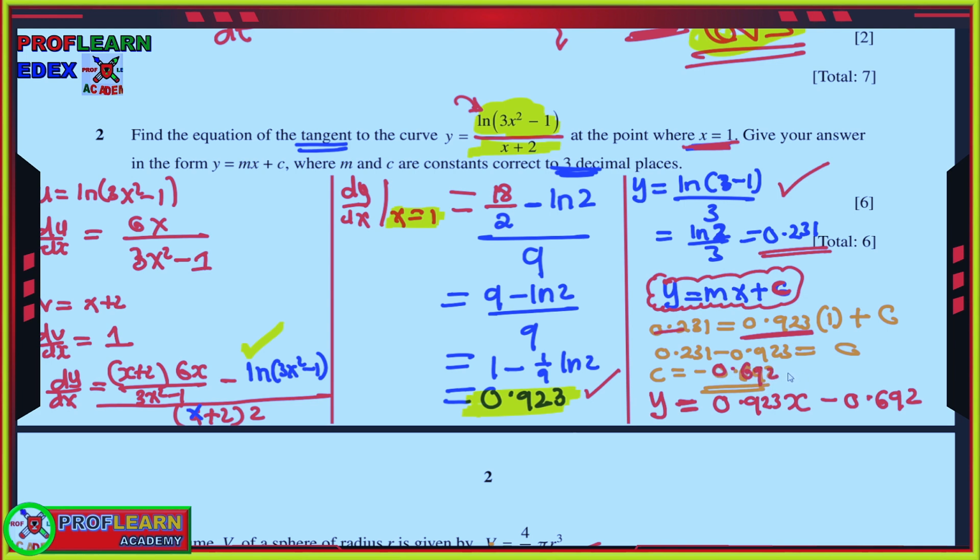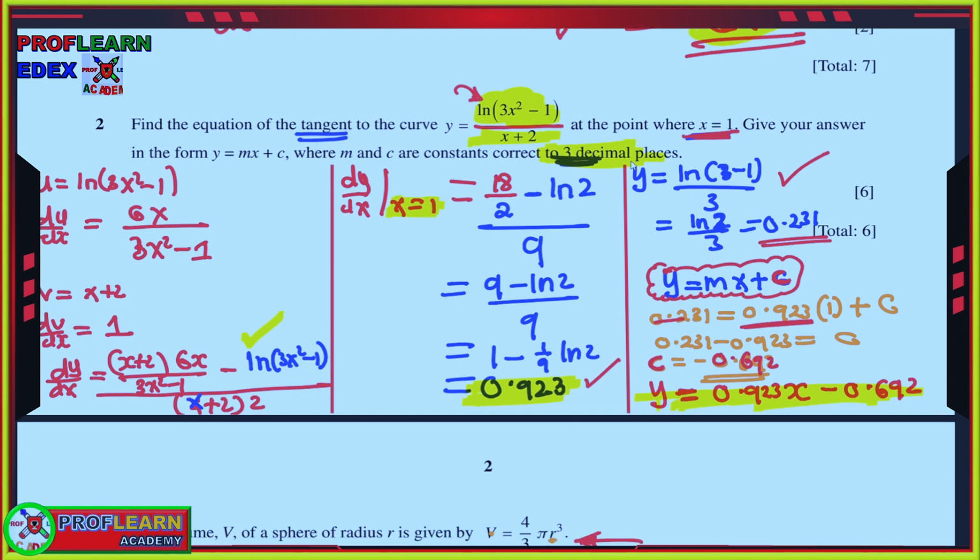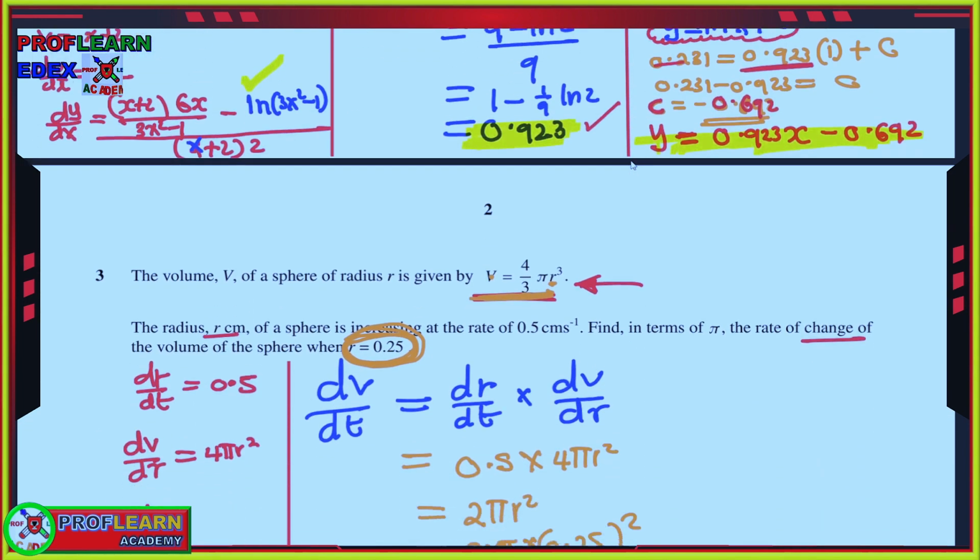So our y-intercept, the value of c, is this. Now with the gradient provided and the intercept we have, our answer now is this, correct to 3 decimal places. So when you are doing these questions, don't forget to follow the accuracy that is provided.